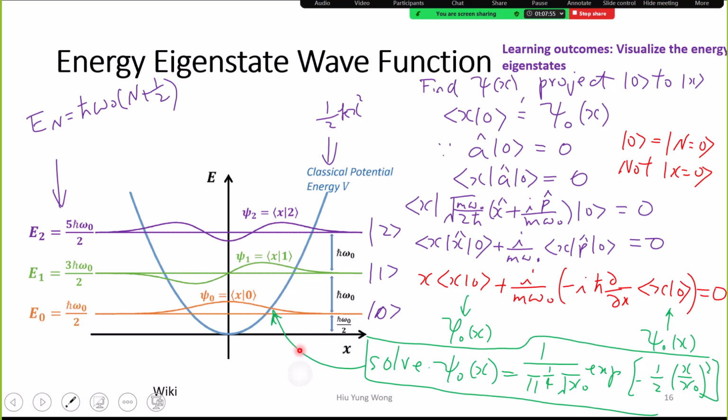So this will not be tested in the exam, but I just want to help some of you who want to pursue further in the future to understand the relationship between these number eigenstates, how many quanta you have, and the wave function in real space. And the main message is that to find that, project your states into the eigenstate of x. If you want to find the momentum distribution, and represent this state in the momentum eigenstate, you project this to the momentum eigenstate. And this is what we are doing.